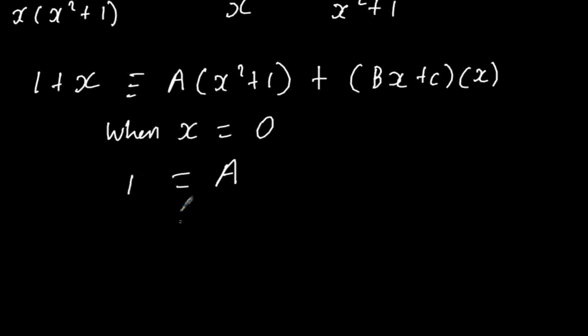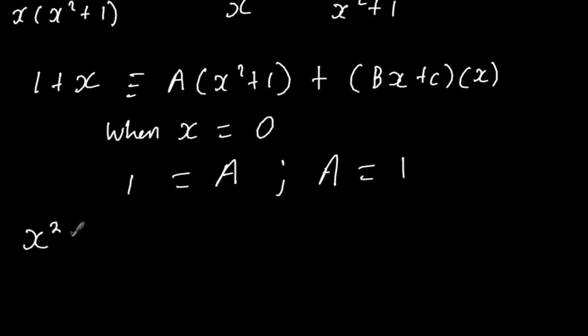This side is 1, so a equals 1. And after that, we can also let x be any other value, but it will be easier for us to equate terms now.